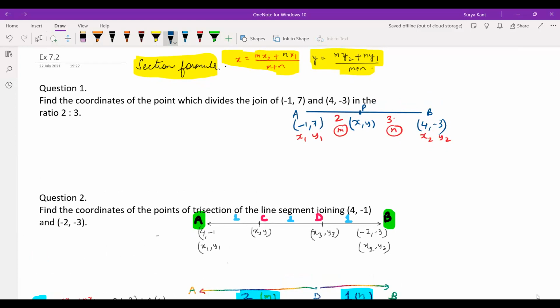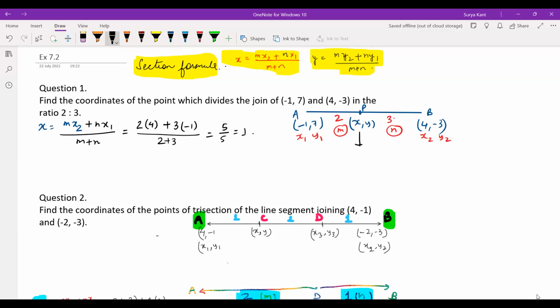Could you solve the first question? Okay, you understood what the question is asking, Reni? Yes, sir. Okay, so see, the x formula I'm writing over here: m x2 plus n x1 divided by m plus n. So m is 2, x2 is 4, plus 3 into -1, divided by m plus n, that is 2 plus 3. So 8 minus 3, that is 5 by 5, that is 1.